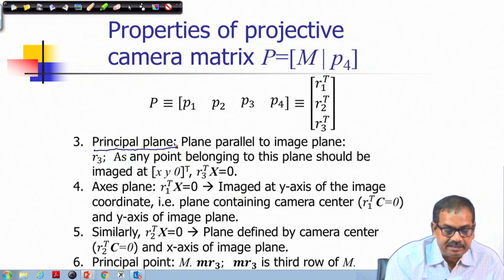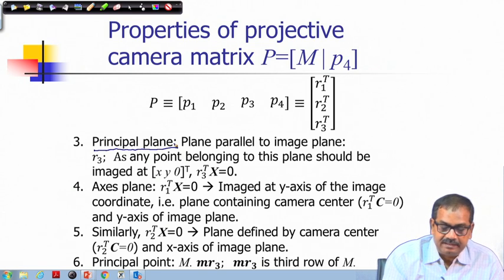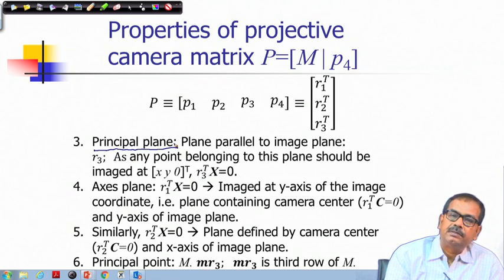Since the principal plane is parallel to the image plane, for any point in the principal plane you do not have any physical image point in the image plane, because the ray from that point to the camera center does not intersect the image plane; it intersects at infinity in that sense.